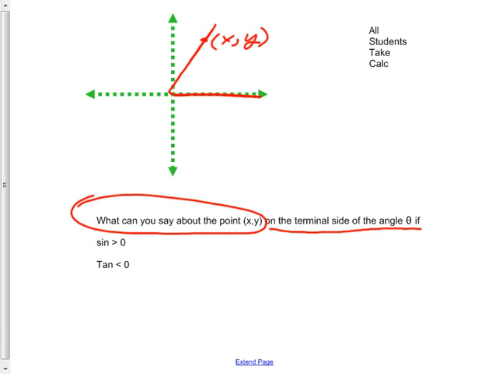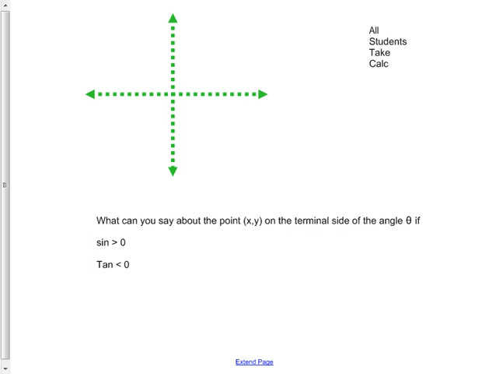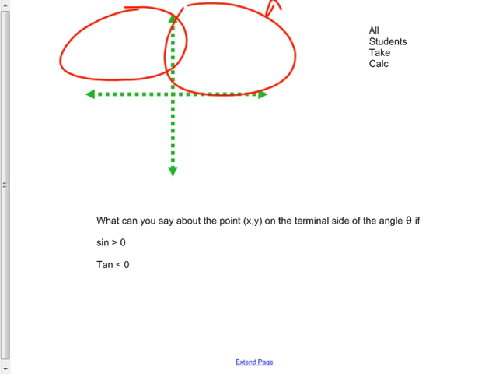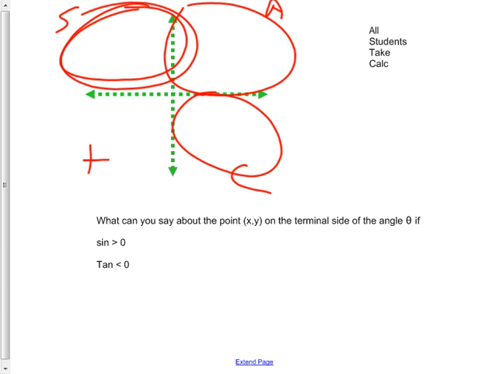So where is sine positive? Here and here. All students take calc. And where is tangent negative? Here and here. See where it got double circled? So I must be up in here somewhere.